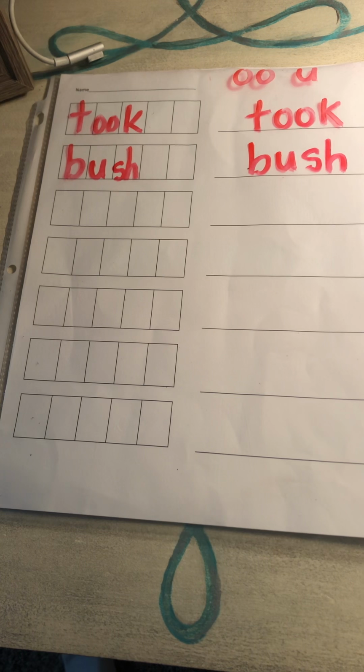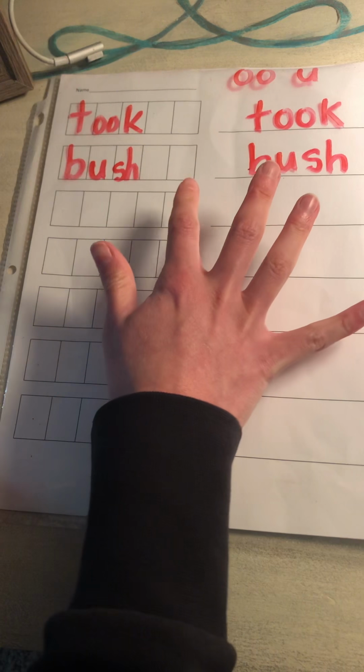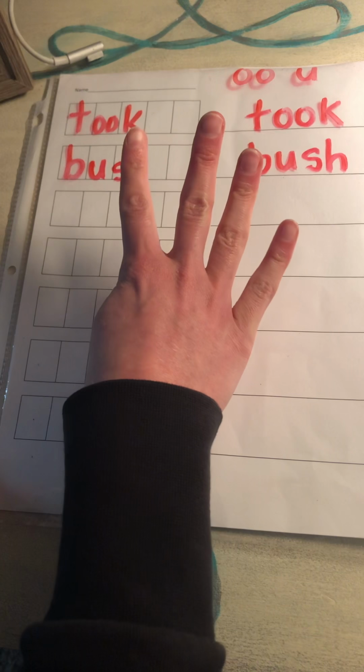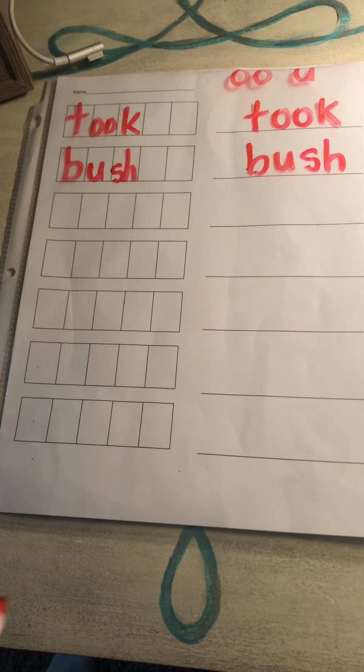All right, now I want you to do this next one with me. The word is stood. Stood. S-t-u-d. I hear 4 phonemes in the word stood. It's really important that you're pounding and tapping those sounds before you start encoding so you can make sure that you're including all those sounds when you are writing it out.